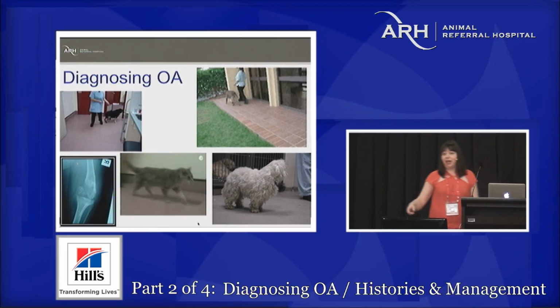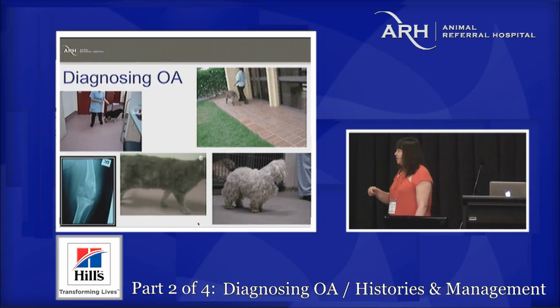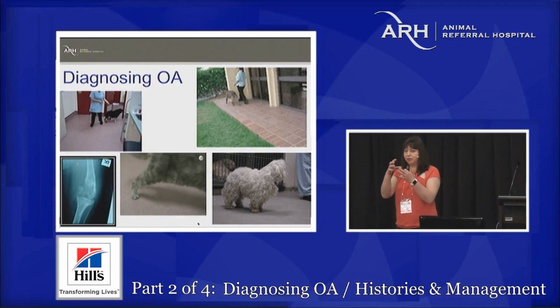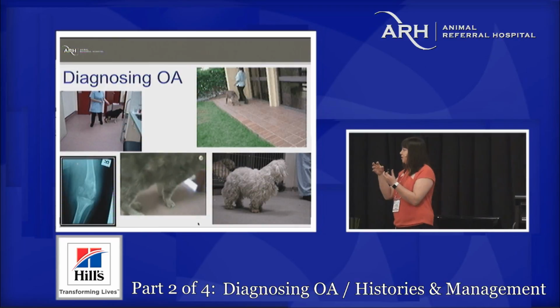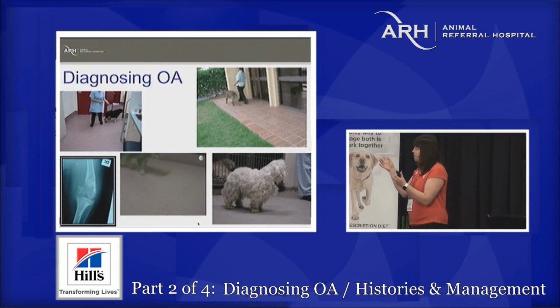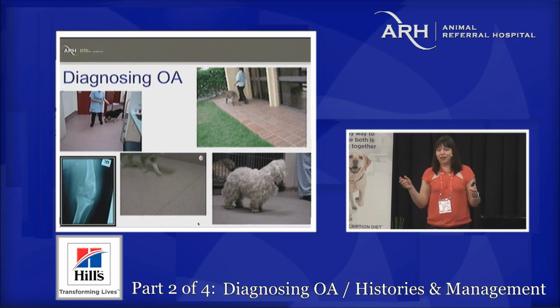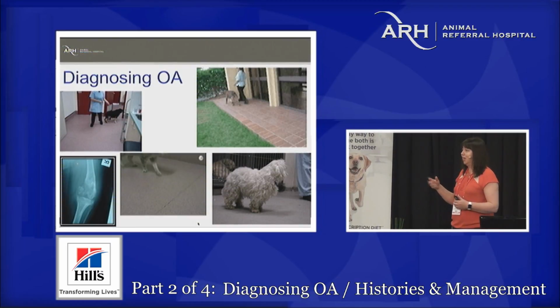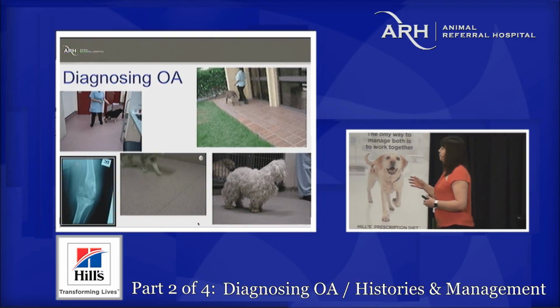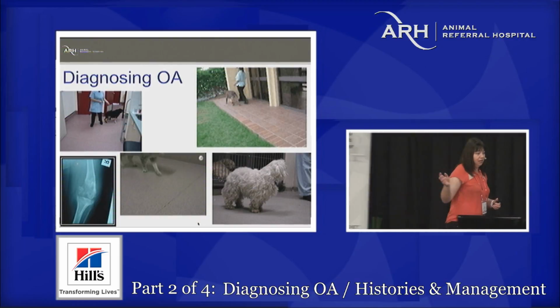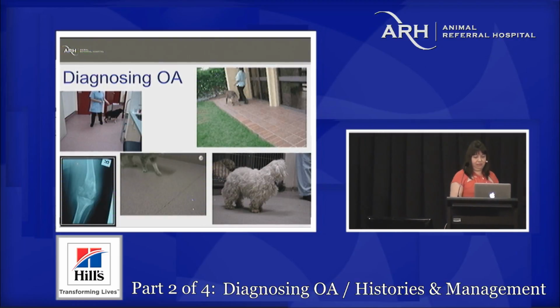So this cat actually had an arachnoid cyst, which is like a fluid-filled pocket, cystic change within its spinal cord that was putting pressure on its spine. We did surgery on that cat, and the cat then walked normally for about 3 years or so, and then developed it again. When we did it again, the cat did fine again. But that's a bit unusual. But again, important to differentiate it from osteoarthritis.